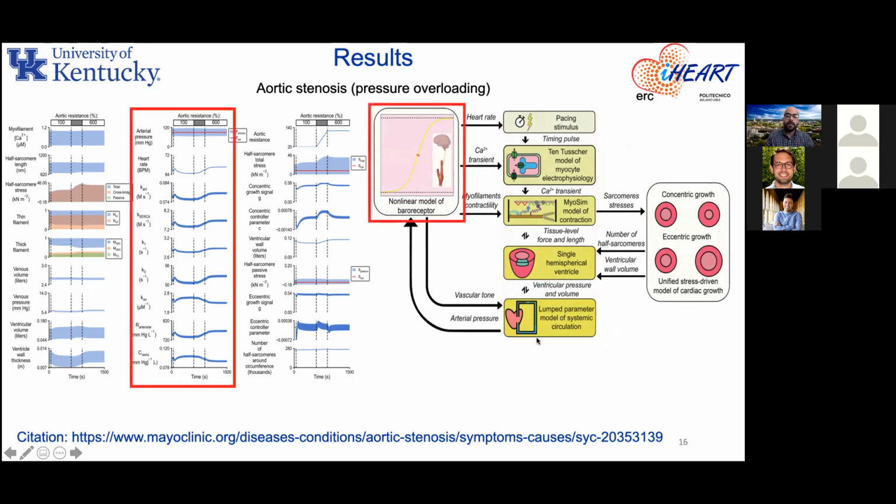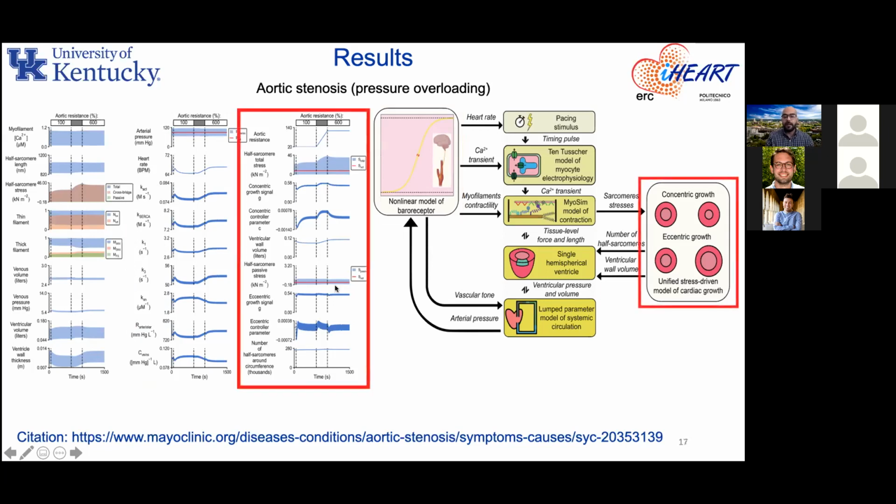The second one, the middle column, shows how the Baroreflex module is maintaining the arterial pressure at a set point level, which is shown here with the red line, with continuous regulation of all control parameters, which are heart rate, parameters for calculating the calcium transient, myofilament contractility, and vascular tone.